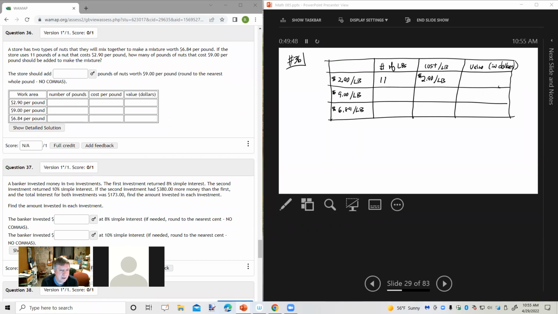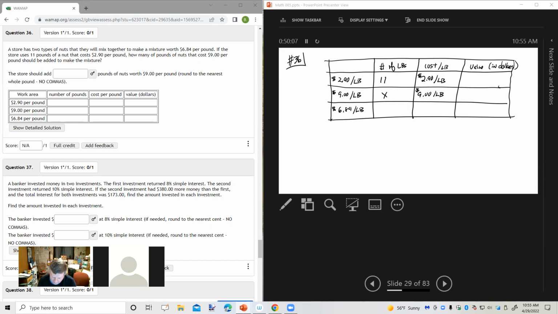How many pounds of nuts that cost $9? So that's our unknown. And that would be $9 per pound.